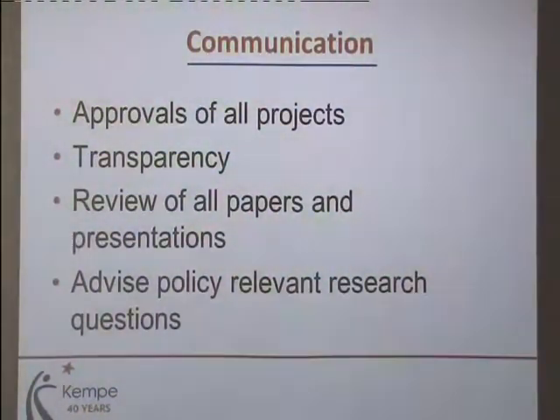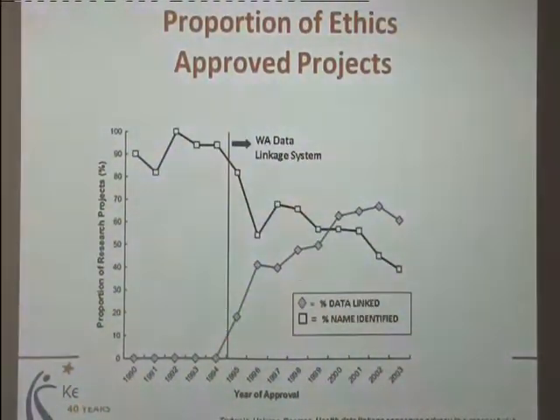And this is a sense of their process. They have to approve all of the projects. They emphasize transparency in the approval processes. They review all of the papers and presentations that are organized through this, and they also provide policy-relevant research questions. And this describes over time the kinds of studies that have been approved by their ethical group.